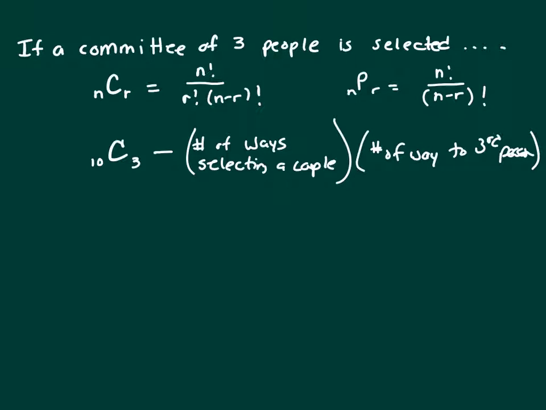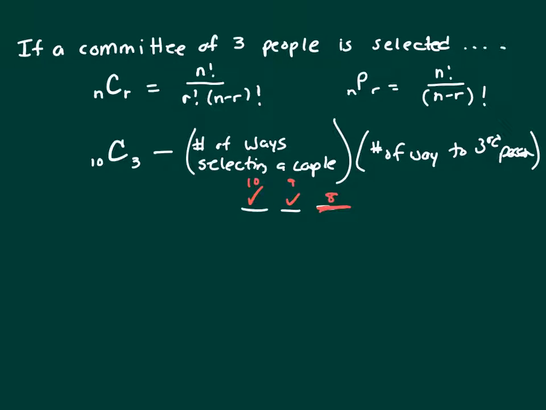When I say get the third person, you've got a 3-man committee, and we're talking about just the couples now. You've got 10 people to choose from. If you're trying to figure out this third one, you've already chosen somebody here and here. So there was 10 possibilities here, 9 possibilities here. To choose that third one, it's 8.